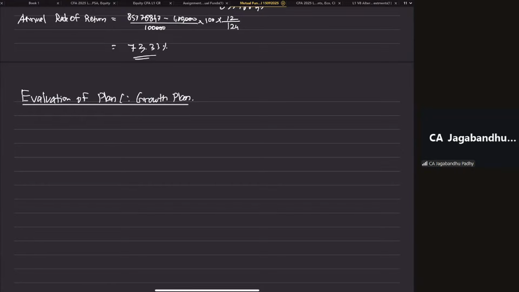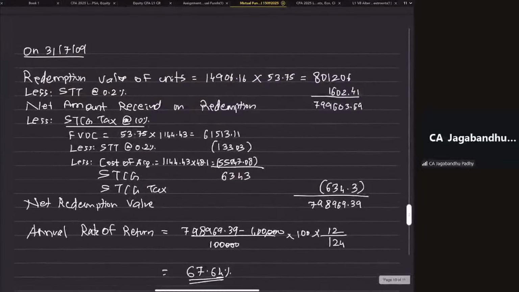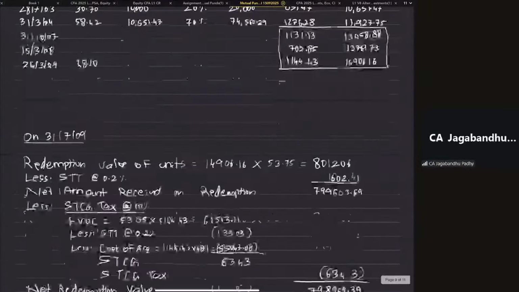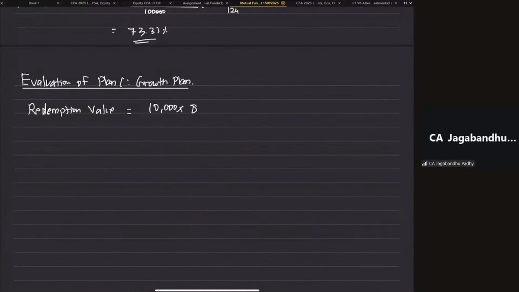There we look at the redemption value, because there's no dividend reinvestment or bonus units allotted to you. Whatever units you had received earlier, only those units are going to get redeemed. So that's 10,000 into 82.07, which is 8 lakh 20,700.